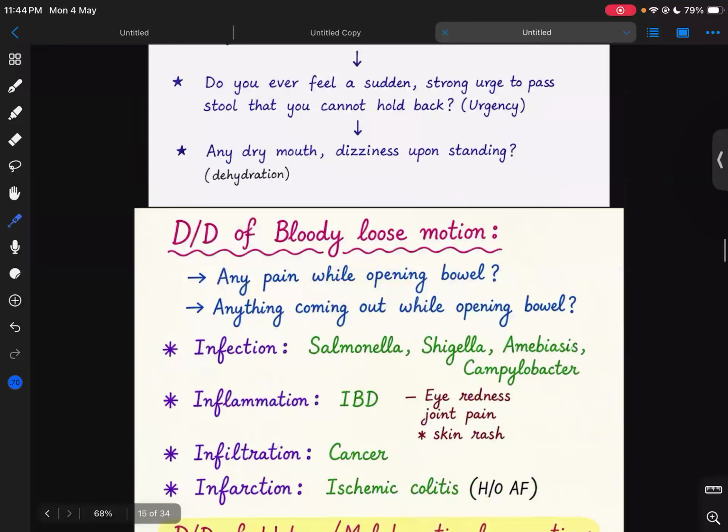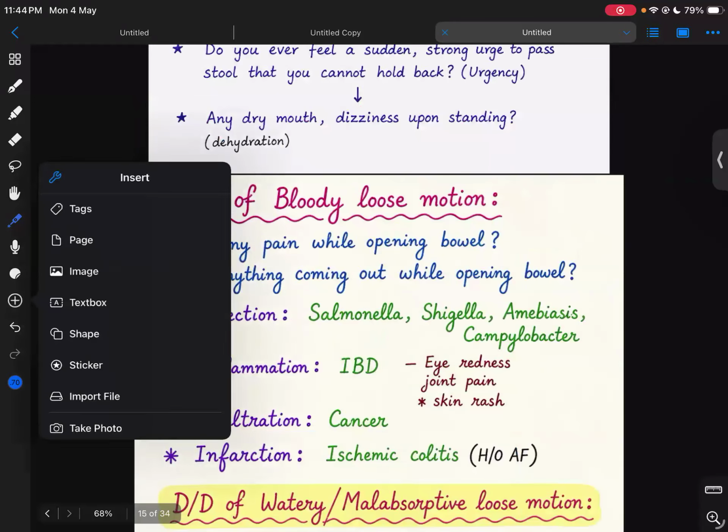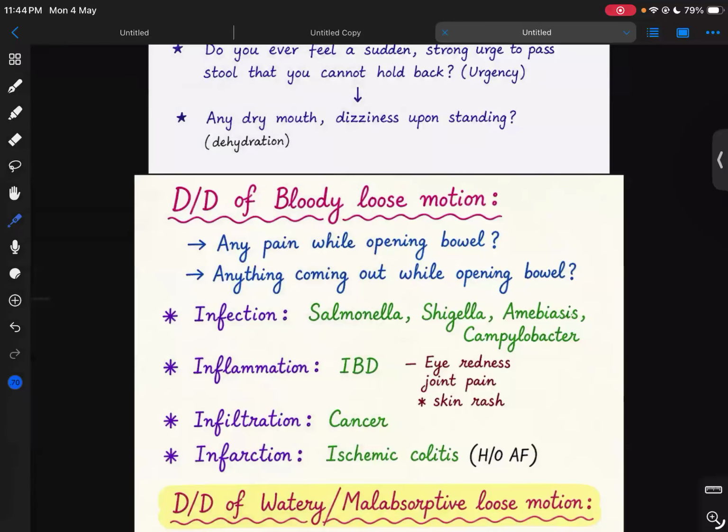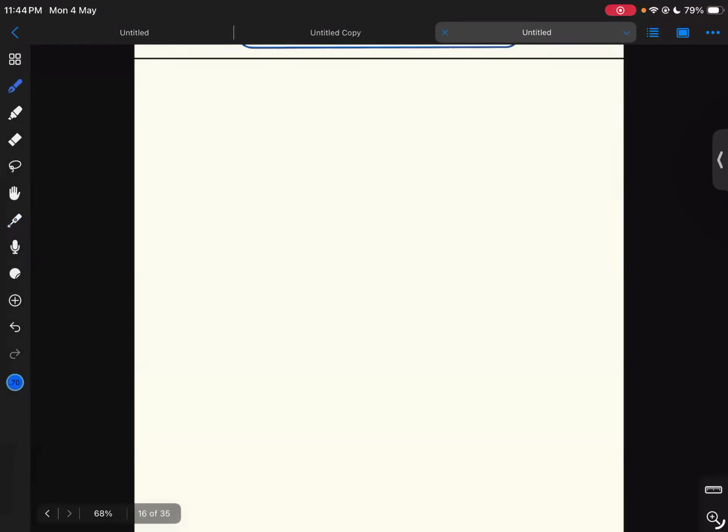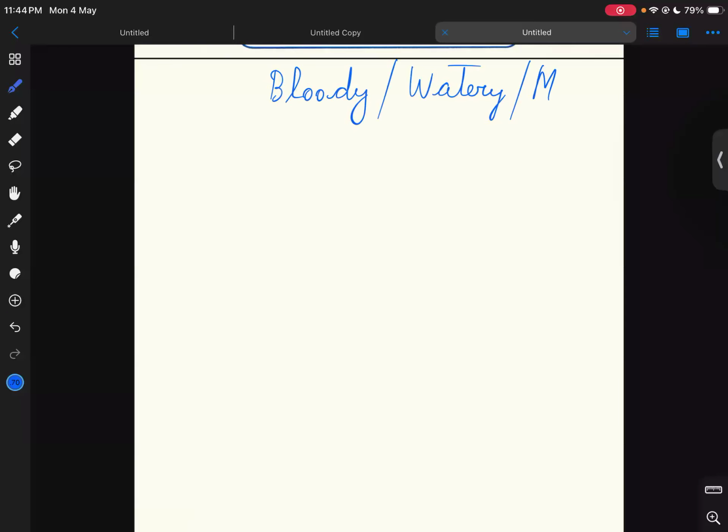But before that, I have missed one important thing about loose motion. For every kind of loose motion, whether it is bloody, whether it is watery, or whether it is malabsorptive, you can keep two differential diagnoses for any case of loose motion given in the world for the PACES exam.